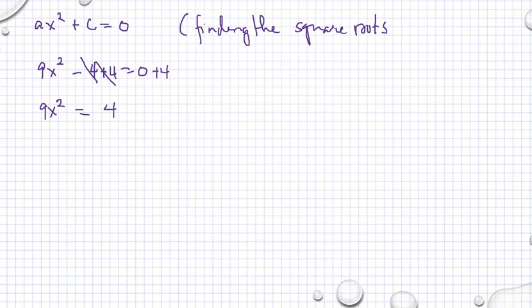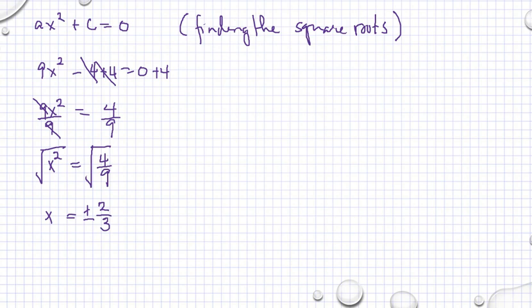And then we divide by 9, then we have x squared is equal to 4/9. Then we take the square root of both sides of the equation. Then we have x is equal to, when we're taking the square root of a number, we have 2 roots.